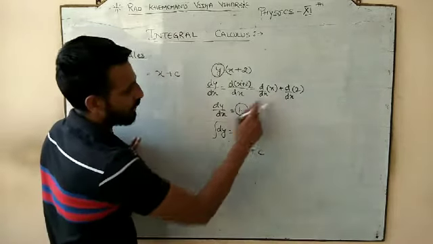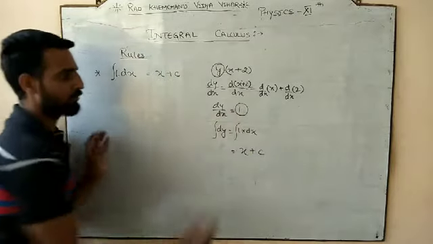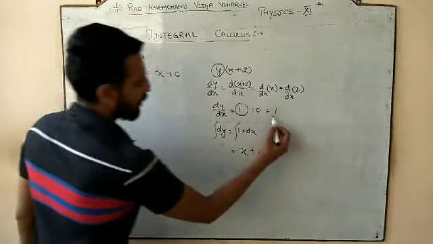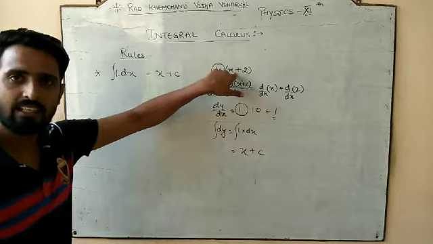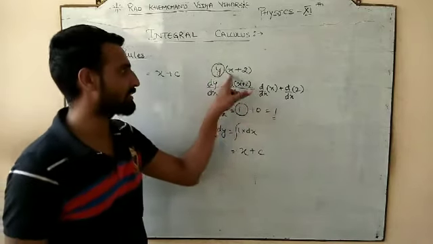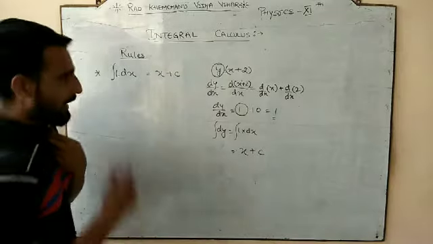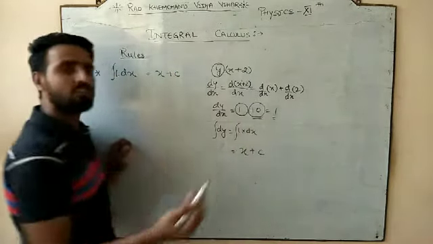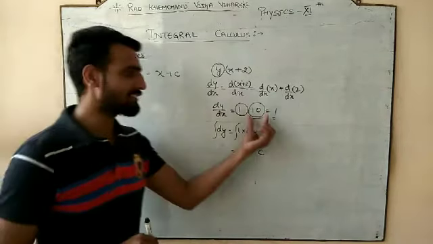So differentiation of x with respect to x is 1, but the differentiation of 2 would be 0 because it is a constant, and it is again 1. Means 1 is the answer of the differentiation of x जो हम लोगों ने पहले लिया, and 1 is also the answer for the differentiation of x plus 2. Means in this we got the value of 0 as a constant's differentiation. अगर constant का differentiation करते हैं we got the answer 0.